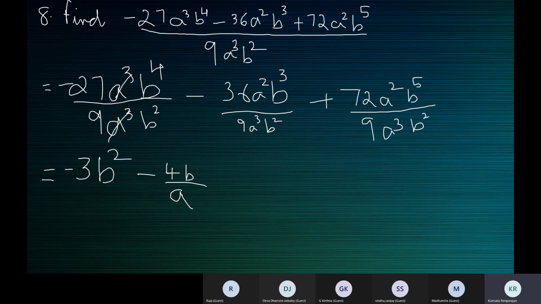So it's 4b by a plus 72 by 9, 8. And what remains in the denominator? How many a's remain in the denominator? 1 a, ma'am. And then b to the power 5 by b square. B cube, ma'am. B cube.